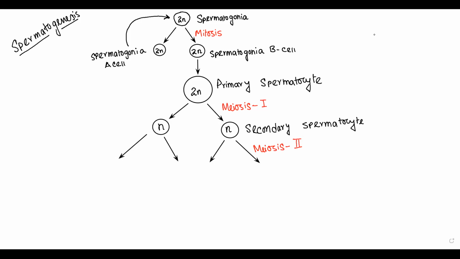Thereby, they produce four haploid spermatids. Remember, these are spermatids.